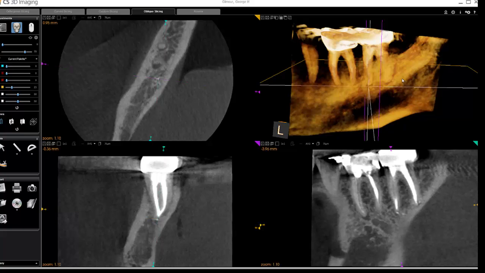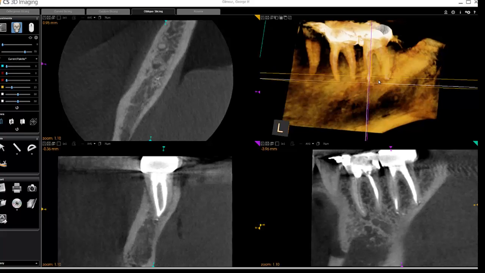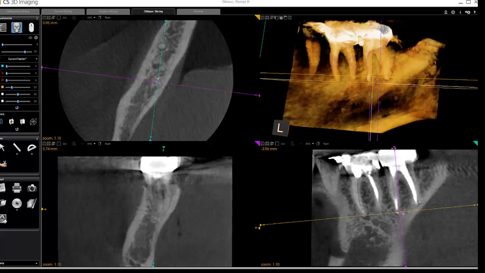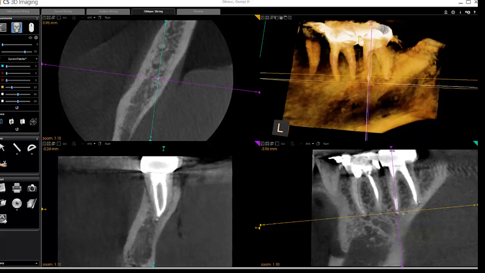Right now I have all the planes intersecting at the apex of the mesial root of the lower second molar that I treated. I'm going to slide through it, and you can look at it in the mesial-distal plane as we slice through, and the bone looks pretty good. You look at the apex, the bone looks intact, there's no real periapical radiolucency.